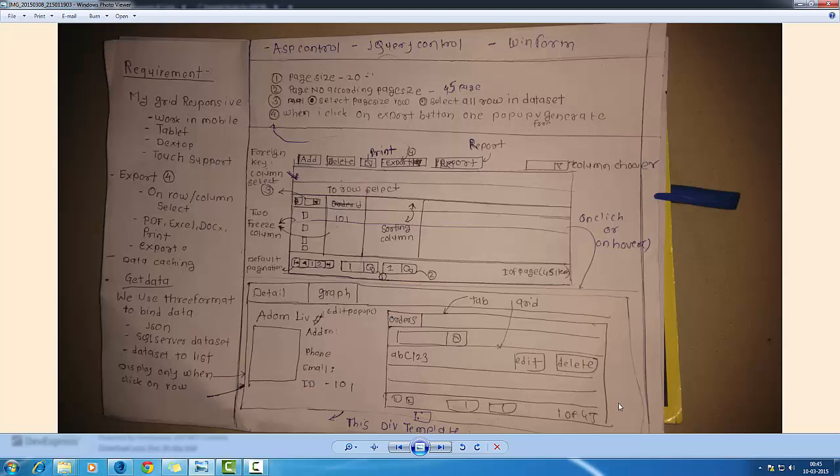Here is another grid view. In the div I want to load another grid view. Here is the search method and data, and these are rows. Accordingly, I fetch data from here. So when I click on the first row, the respective data appears here, and the graph of the particular data will be generated in this tab.